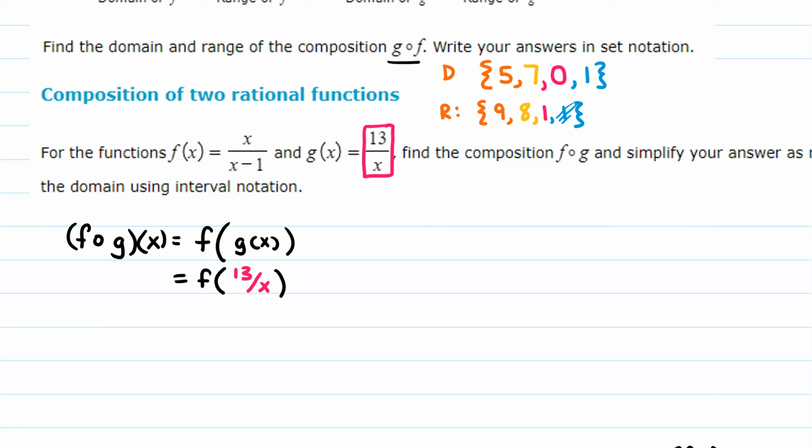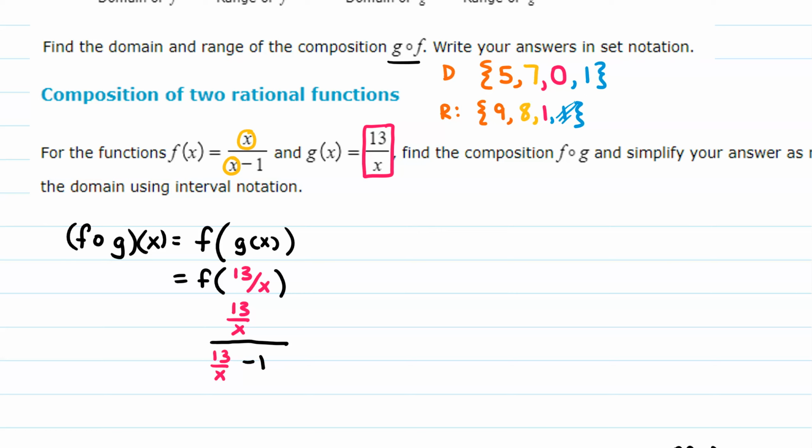And what this means, f of 13 over x, is in the function called f, replace all of your x's with 13 over x. So I'm going to do 13 over x, big divides, and then I'm going to have 13 over x again, and then subtract 1.